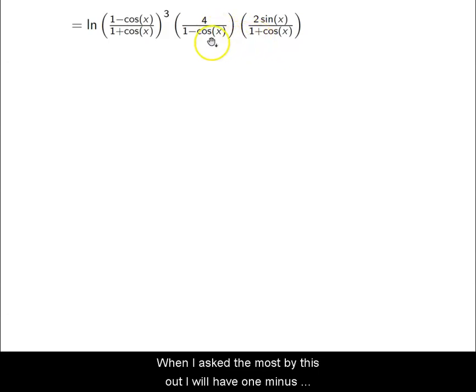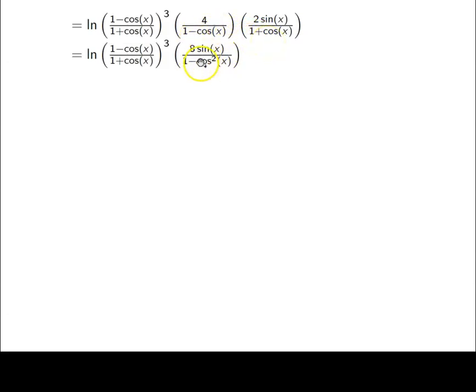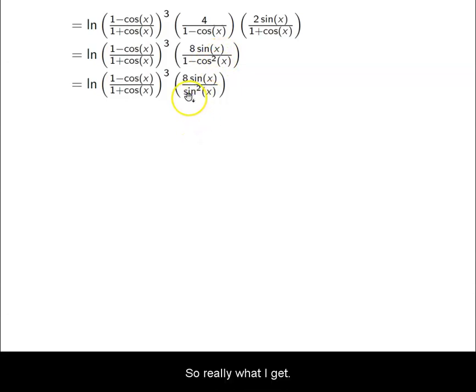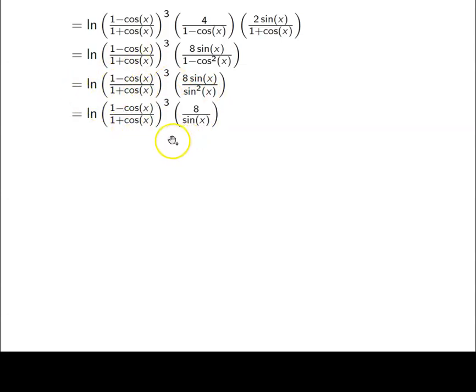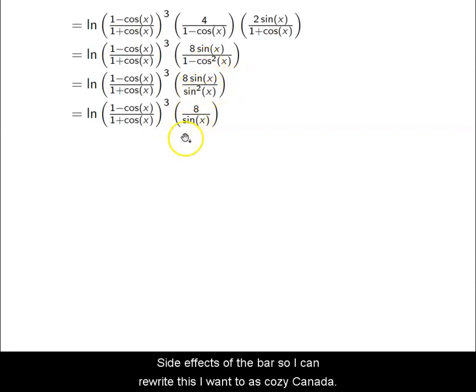So when I actually multiply this out, I will have 1 minus cosine squared. Okay, and I have an 8 here. And I know 1 minus cosine squared is the same thing as sine squared. So really what I get is 8 sine of x, natural log of this whole thing here. Sorry, sine of x on the bottom because it cancels.